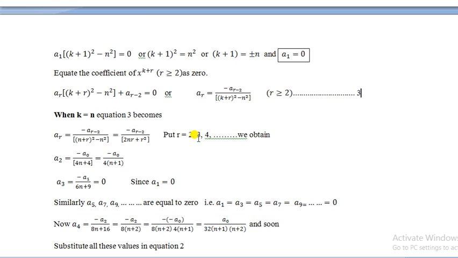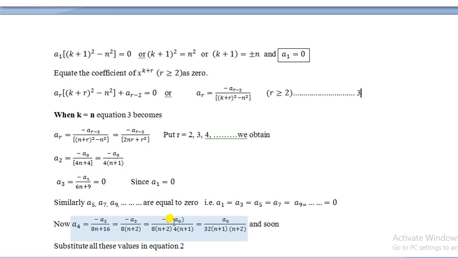Now put the value of r equal to 4. So minus a2 divided by 4n plus 16, or if you take 8 as common, n plus 2, minus a2. And we know that the value of a2 is minus a naught.